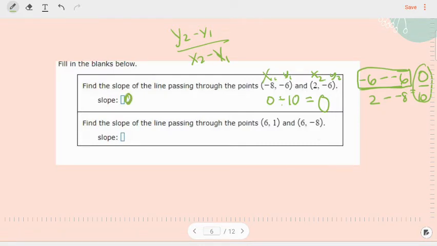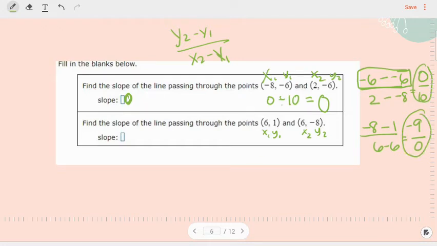Question number 2, let's go ahead and answer that. I should have xy first point, xy second point, and insert my numbers. -8 minus 1 on top, and 6 minus 6 on bottom. -8 minus 1 is -9, and in the denominator I have 0. Again, I'm going to type that into my calculator.